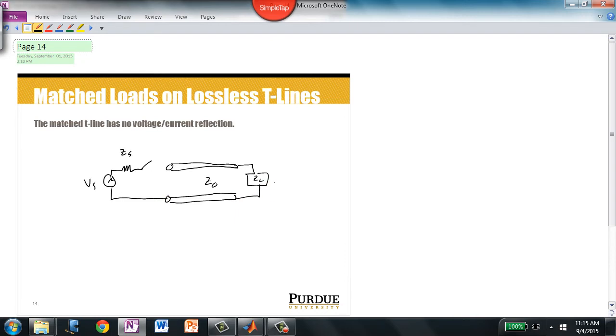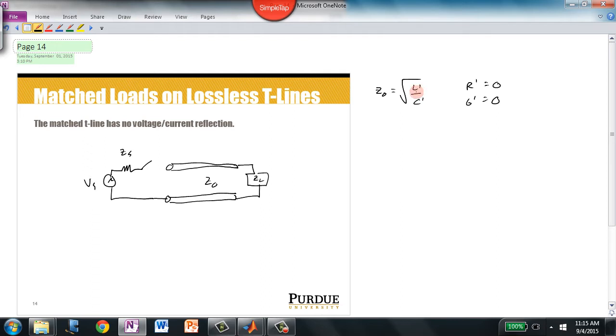And for a lossless T-line, you'll remember that Z0 is equal to the square root of L prime over C prime, and that's because R prime and G prime both equal 0 for the lossless case. So that simplifies our equation for characteristic impedance of the transmission line.